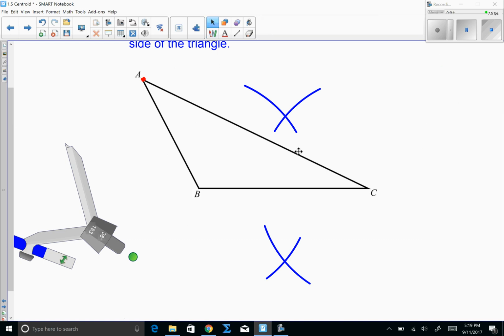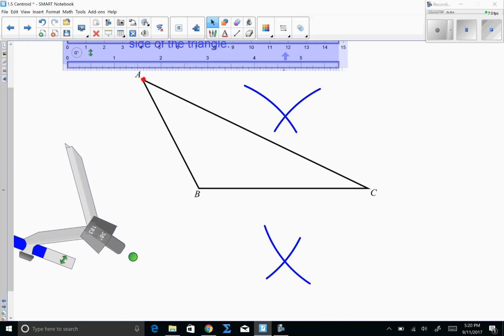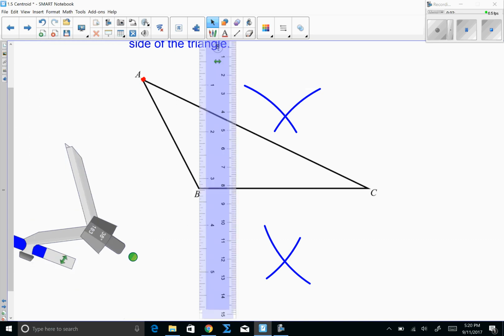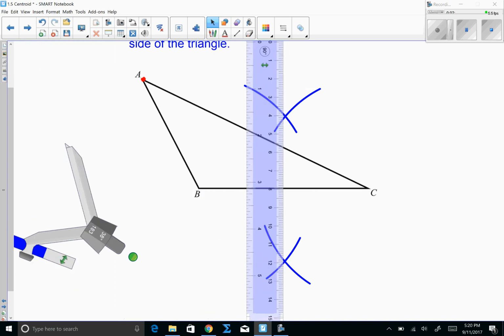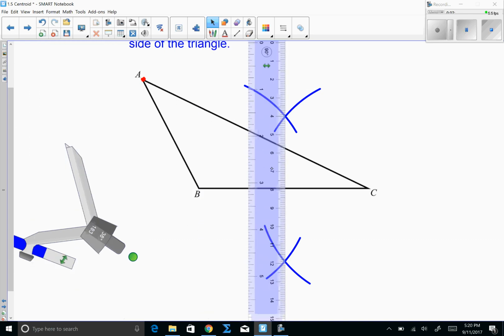Now that's going to give us the exact spot where the midpoint would be. If I take my straight edge and line these two intersection marks up, and draw a line segment through the entire thing, that would be my perpendicular bisector, which would clearly break BC up into two parts.